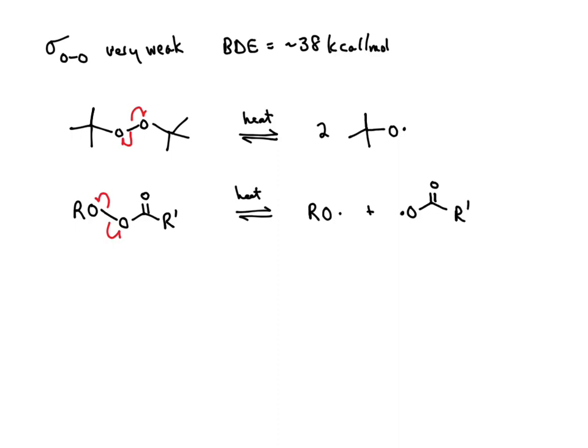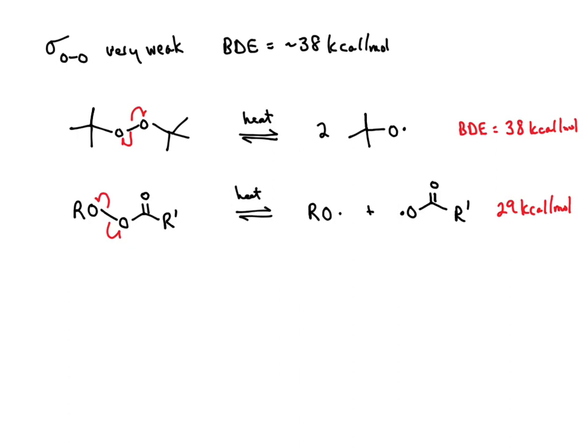And so this bond dissociation energy should be lower. If this one was 38, this one is 29. Right, so the carboxy radical is resonance stabilized. We can draw another Lewis structure for that one.